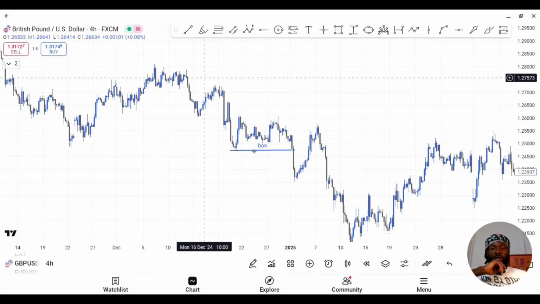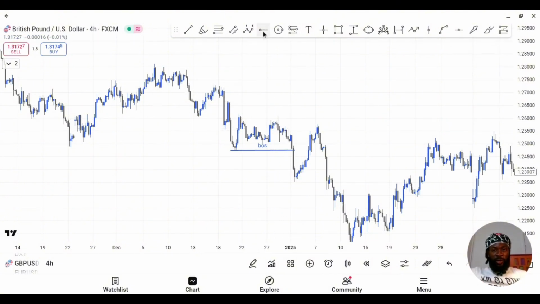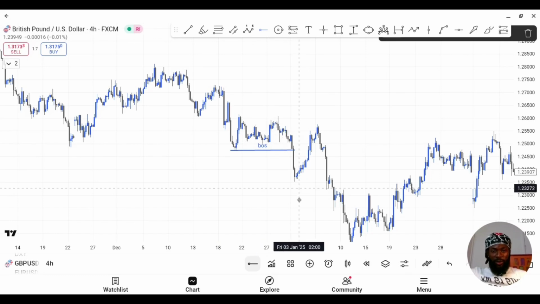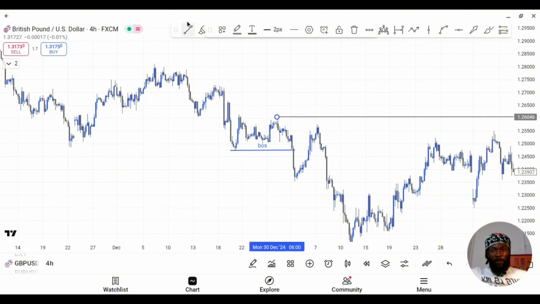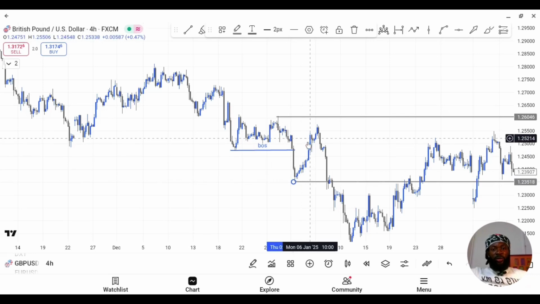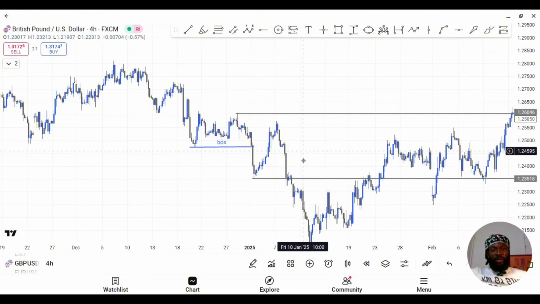Now, where is our protected lower high? It's simply here, here, and we have our lower low here. Now this is our price range. This here is our price range.